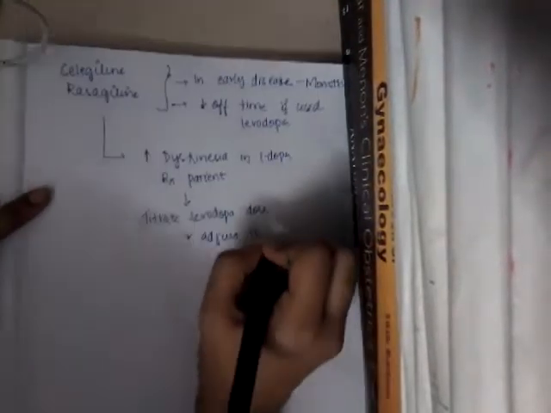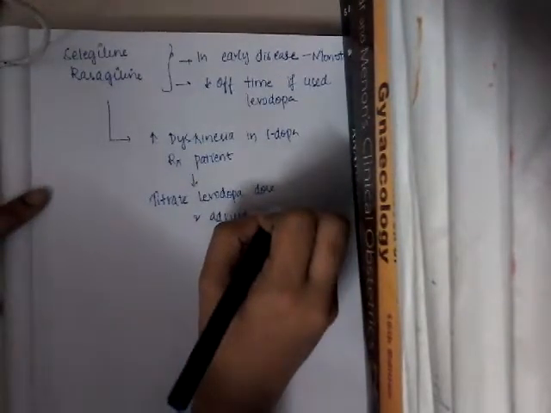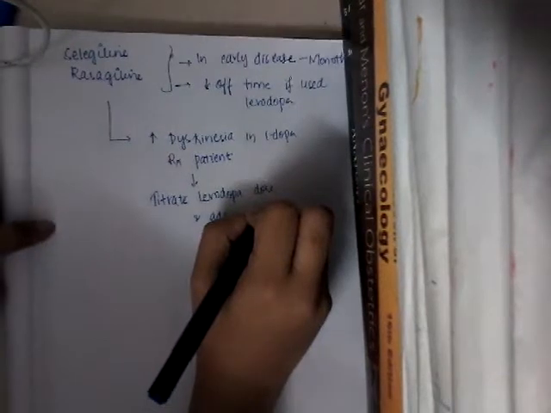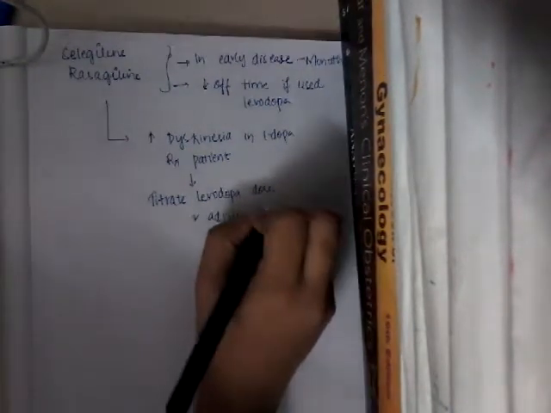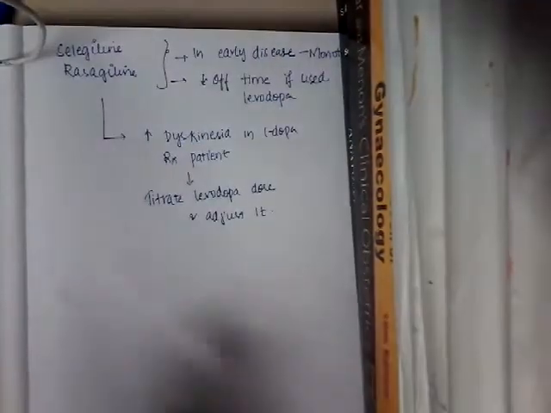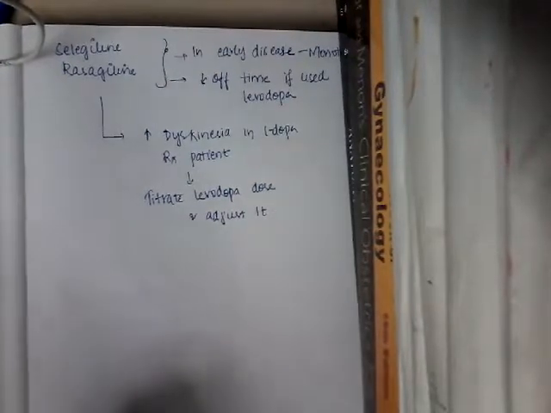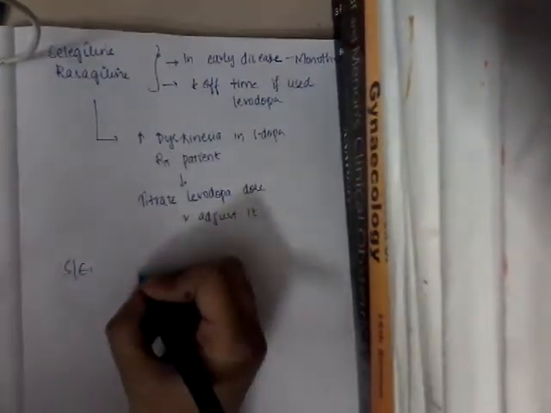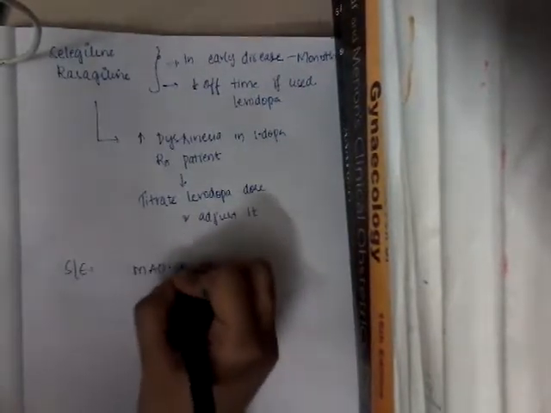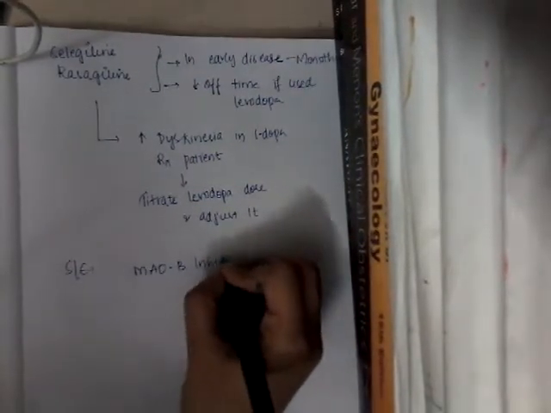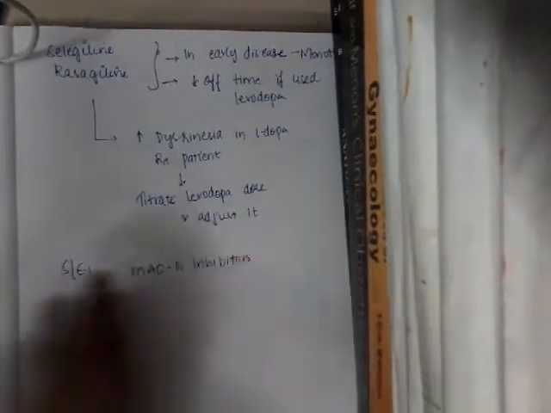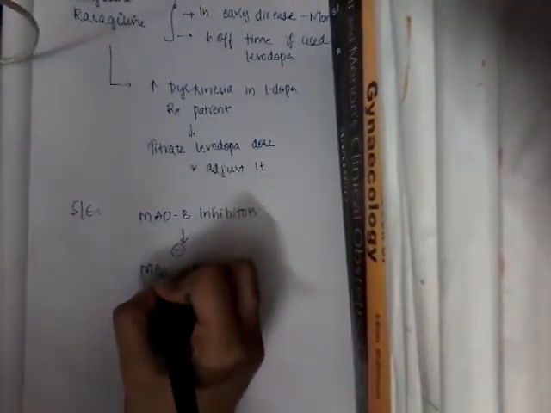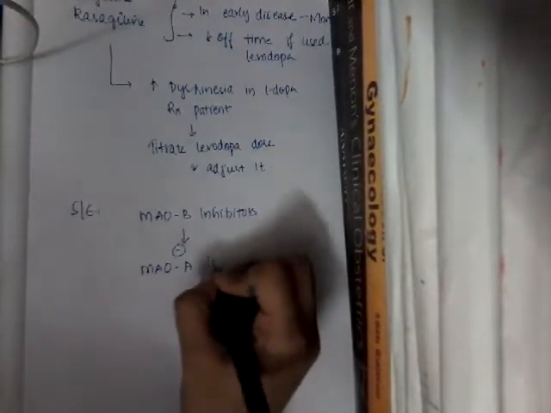So what are the side effects of monoamine oxidase B inhibitors? One side effect is that these monoamine oxidase B inhibitors will also inhibit the monoamine oxidase A isoform.